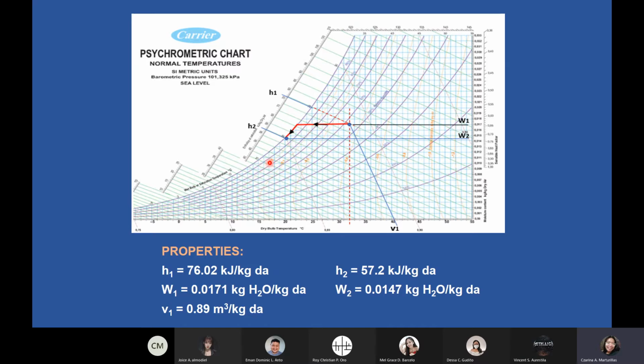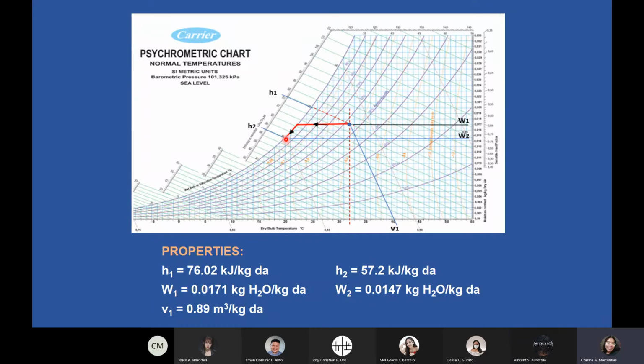So 0.05 is here if we deviate in the enthalpy. And then the corresponding specific humidity is 0.171, and the estimated specific volume is 0.89.